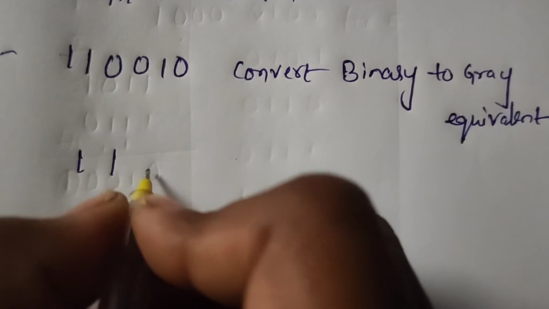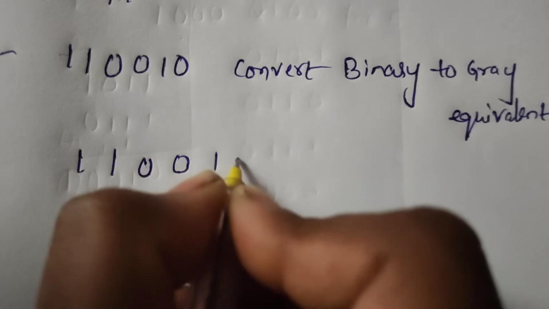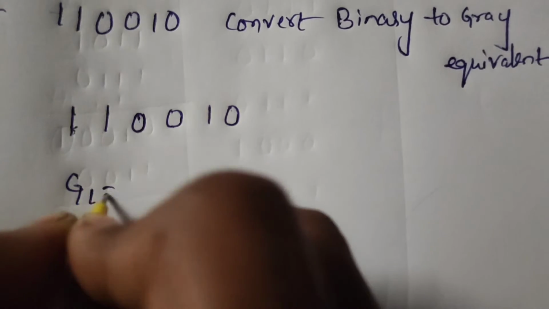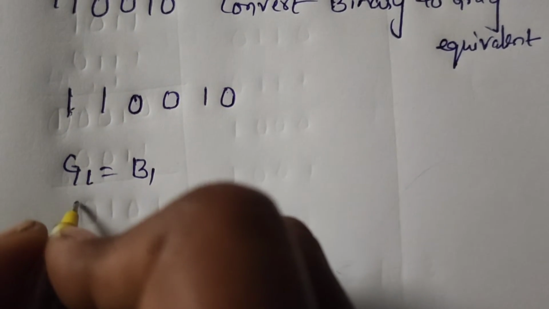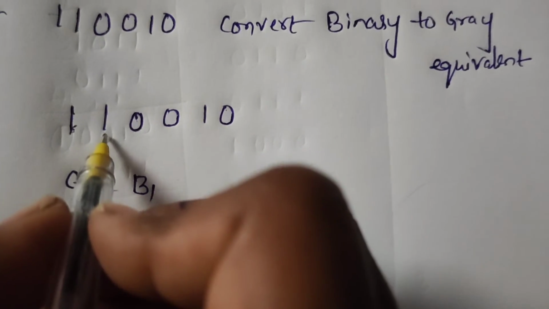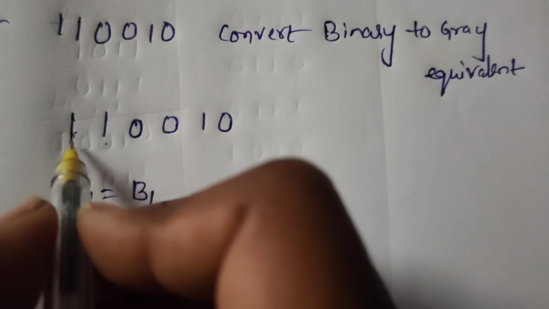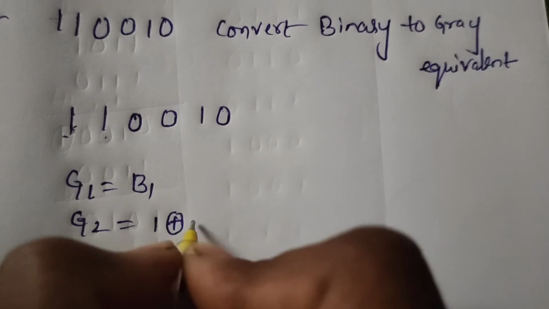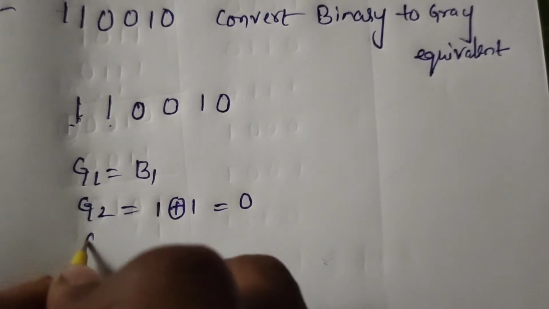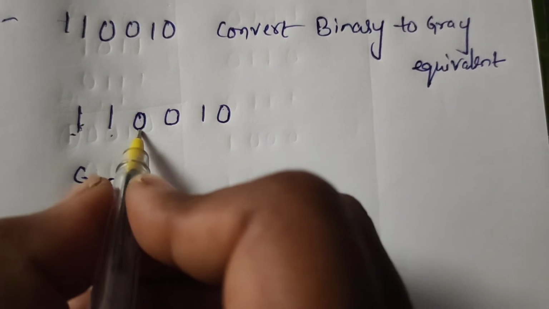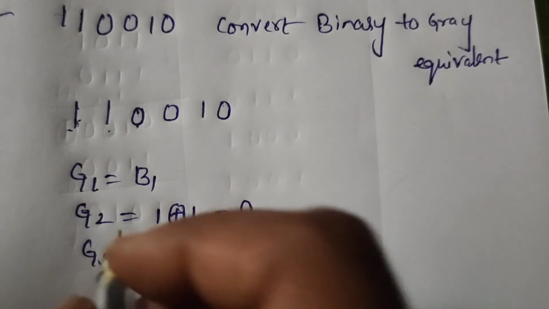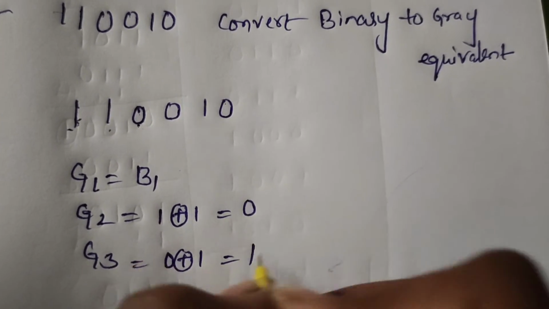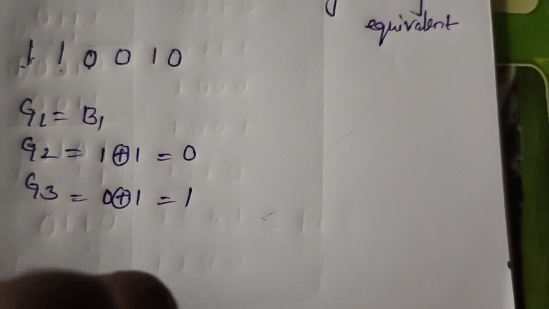The first bit, G1, equals B1. Next, the second bit, G2, equals XORing B2 with B1. So 1 XOR 1 is 0. And next, G3 equals XORing the third bit with the second bit. 0 XOR 1 equals 1. Similarly and so on.